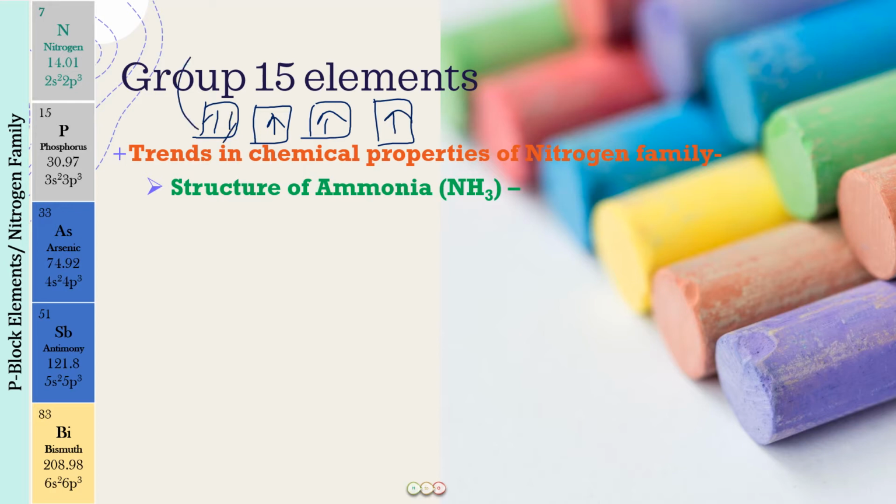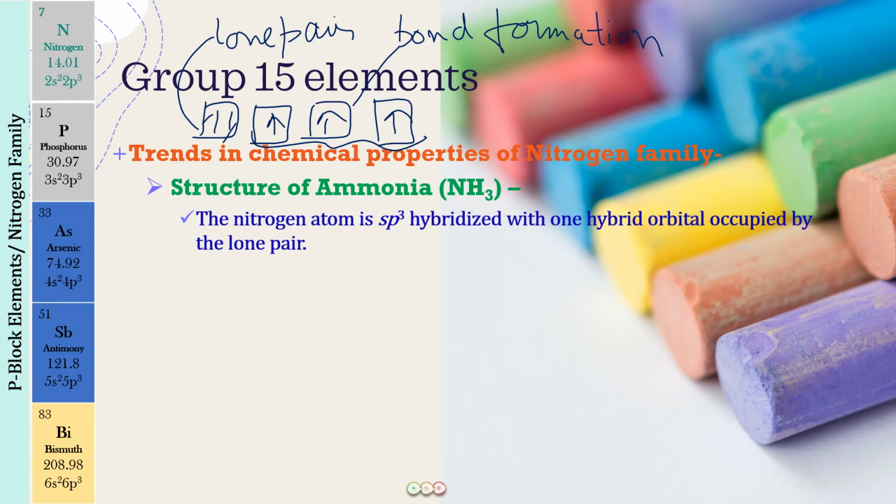This doubly occupied orbital is the one which has the lone pair, and the half-filled orbitals are the ones which will participate in bond formation with the 3 hydrogen atoms. Okay, so I hope this is clear. So the nitrogen atom is sp3 hybridized with 1 hybrid orbital occupied by the lone pair, and the 3 other ones participate in bond formation with hydrogen.